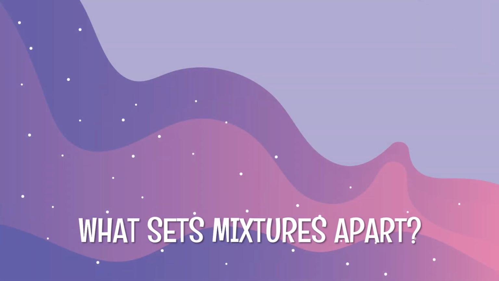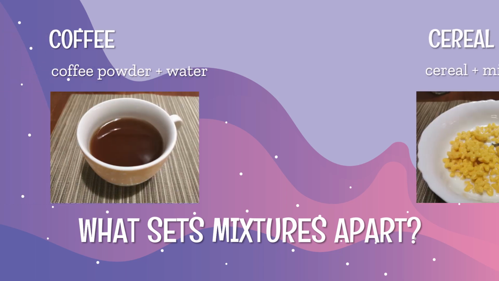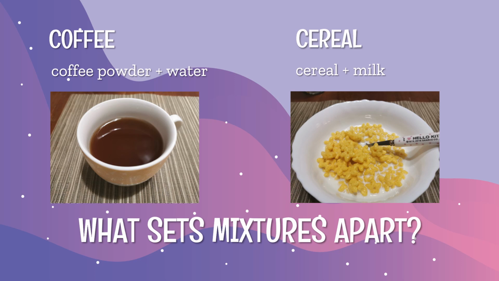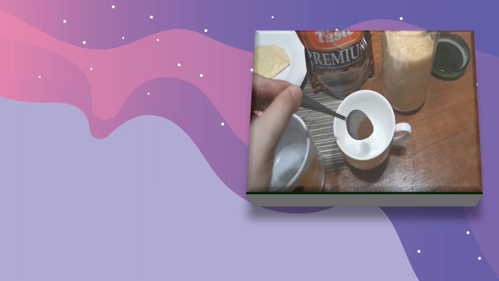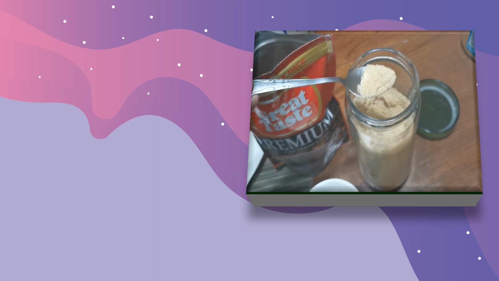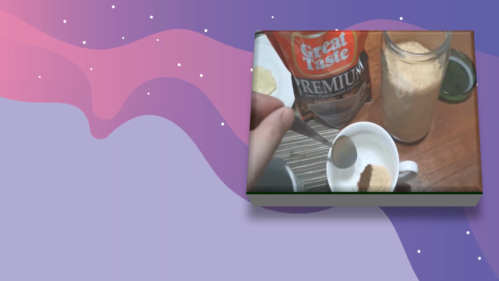What sets mixtures apart? Let's look closer at the coffee and the cereal. They don't appear the same way because they are actually two different types of mixtures. Let's look here. After mixing coffee powder, you have sugar and the hot water.